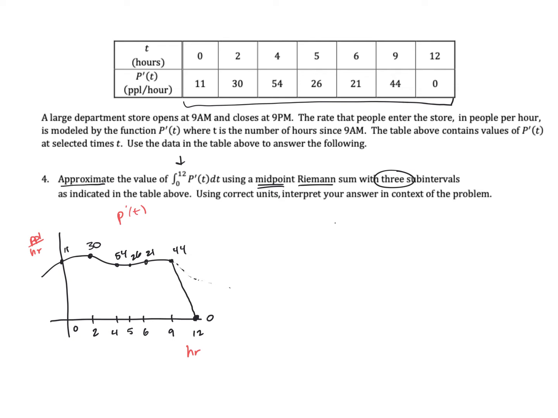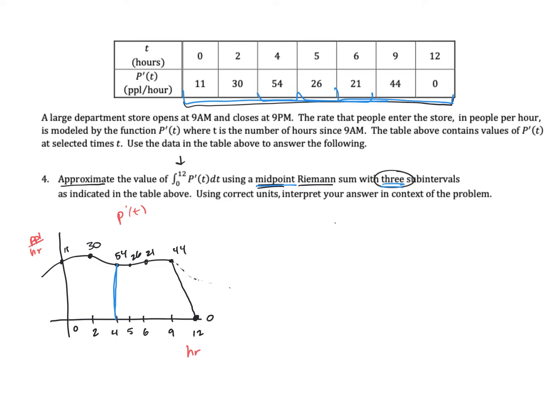All right, here we go. We're going to use midpoint sums with 3 subintervals. That means I need to break this up into 3 pieces. If you look at this chart up here, here's 1 piece, here's 2 pieces, and here's 3 pieces. Down here, 0 to 4 looks like the first piece.